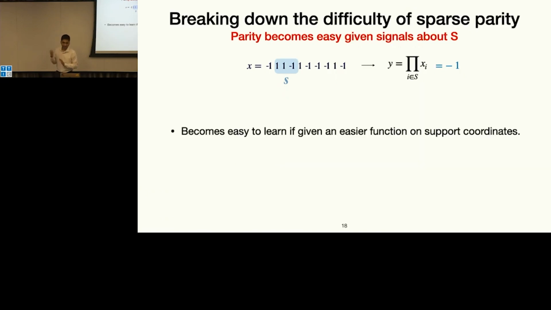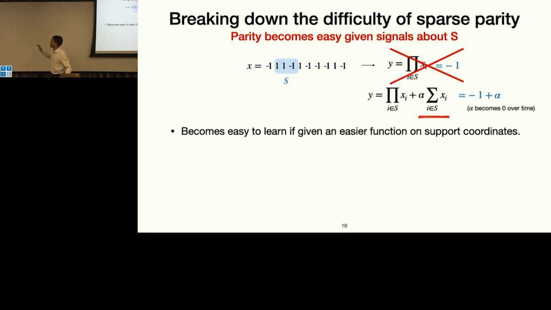As I said before, sparse parity was difficult because of the difficulty of searching for the right coordinates. But it becomes easy if, instead of just having access to the true labels, we also had access to some easier function on the support coordinates.